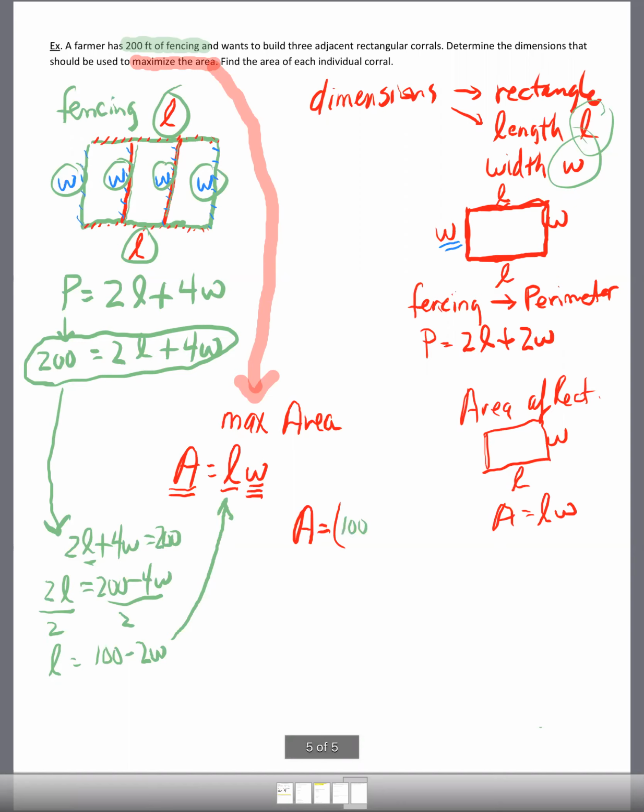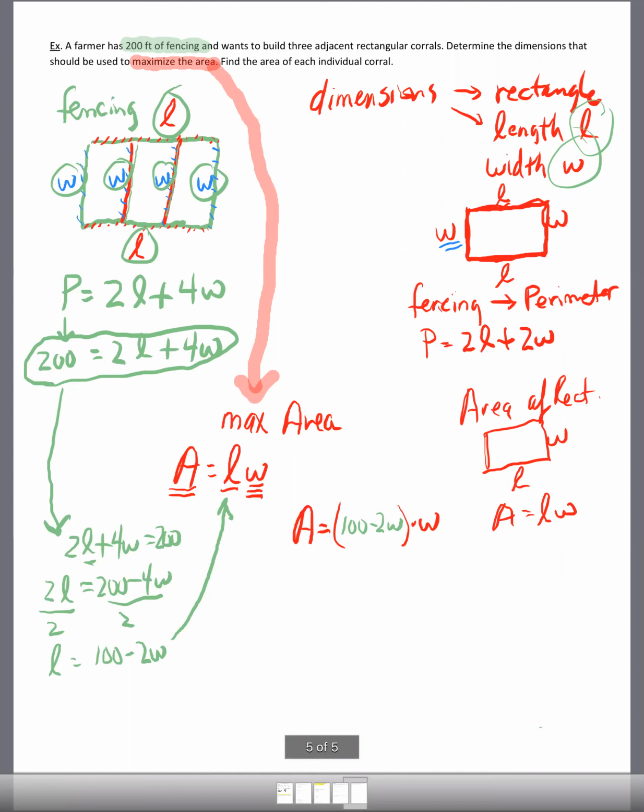That was 100 minus 2W times W. So the only thing that changed in the area formula was how I could speak about the length of the corral based on what I know about the width and the length and 200 feet of fencing.